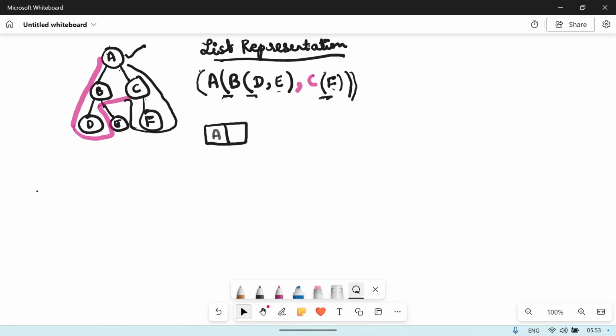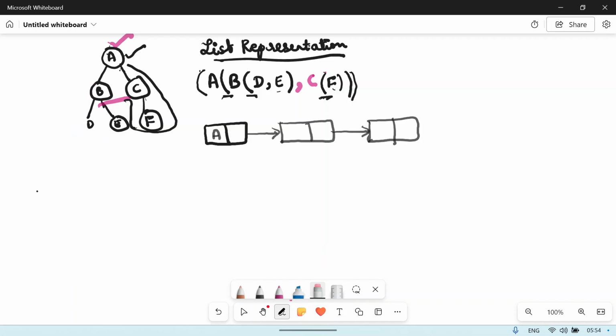One is B and the other one is C. So I will write two nodes, B and one for C, like this. Now, what you have to do is look very carefully. This part is already done. I think I'll erase it off so that it's not confusing.